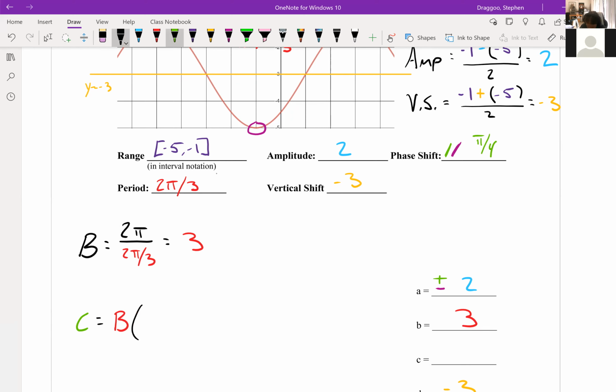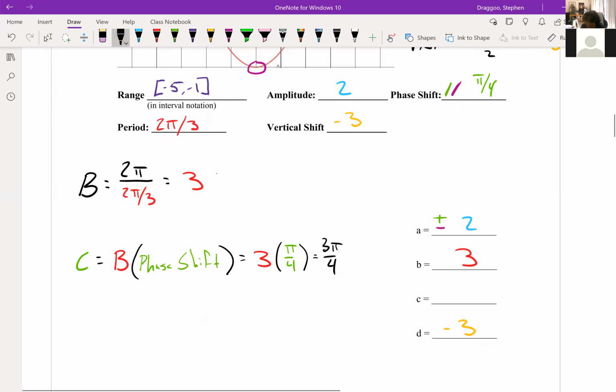So B multiplied by the phase shift. I will use green because I chose a positive phase shift. So this is going to be 3 times pi/4. So 3 pi/4. Slot 3 pi/4 into that box.